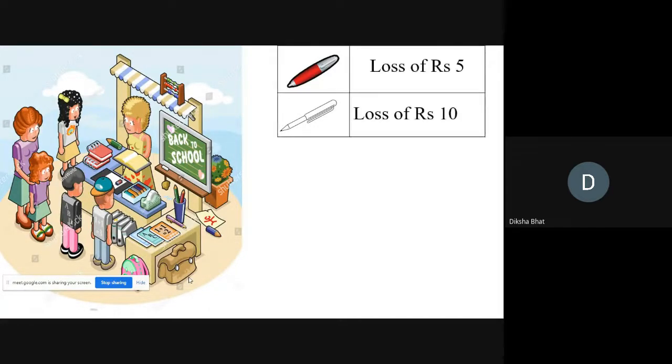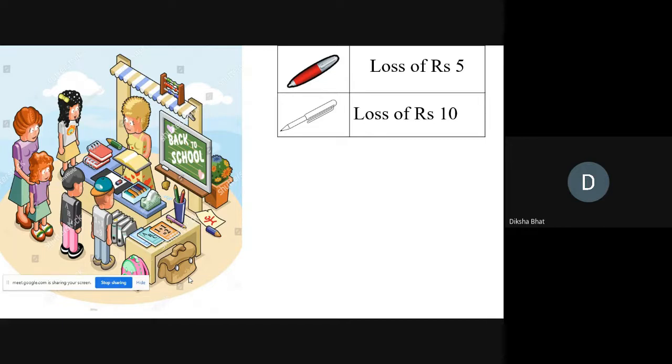In our life, many situations arise when it becomes important to do addition of integers: addition of profit or loss, addition of temperatures and distance. Let us understand how to perform these additions. Let us suppose that a shopkeeper sold a red and a black pen. Suppose he gets a loss of rupees 5 and rupees 10 respectively on each of them.